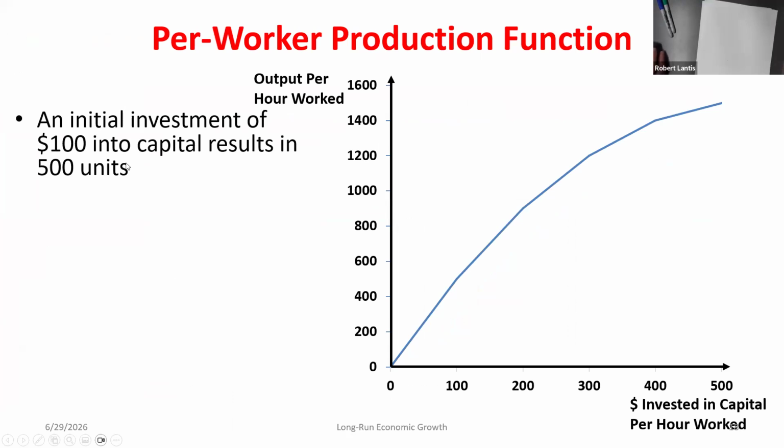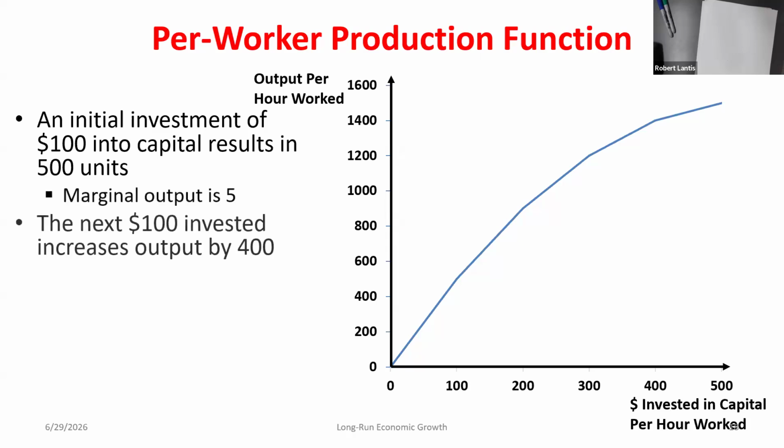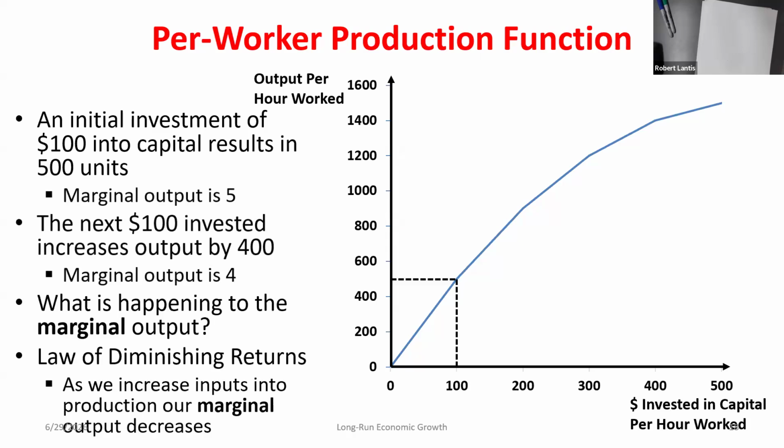Well, if you think about this, when I'm making investments in the capital or giving my workers machinery, what type of capital or machinery am I going to buy first? The ones that are the most important, right? So the first $100 I spend should increase my output by quite a bit.